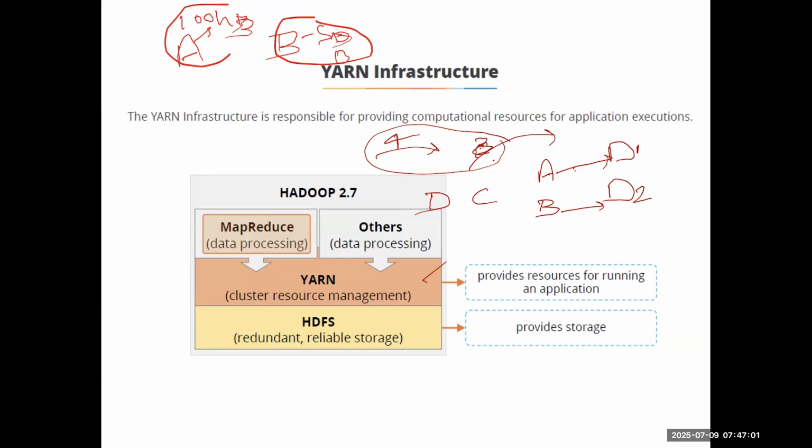Then YARN will see that all the cluster resources are occupied, so let's keep the C and D jobs in the queue. And let's suppose A is completed, then since C has come first, let us assign C on this cluster to run.